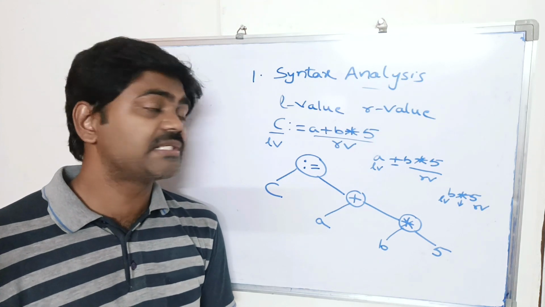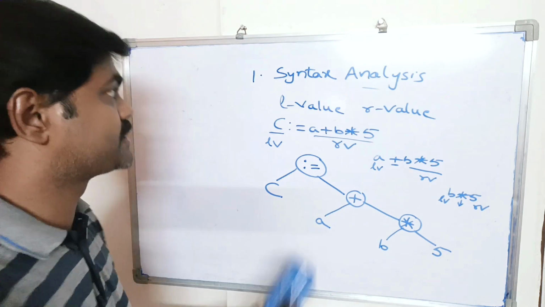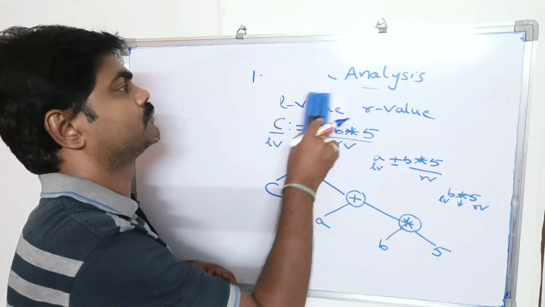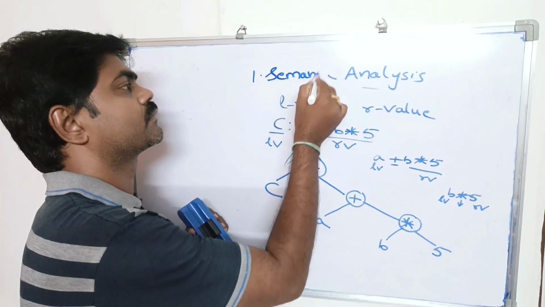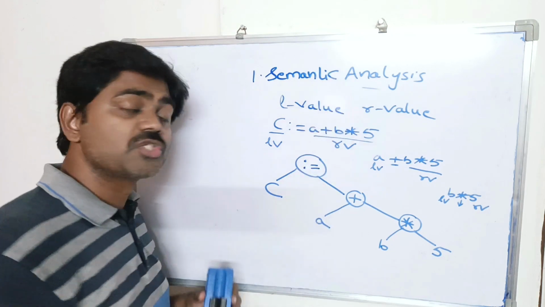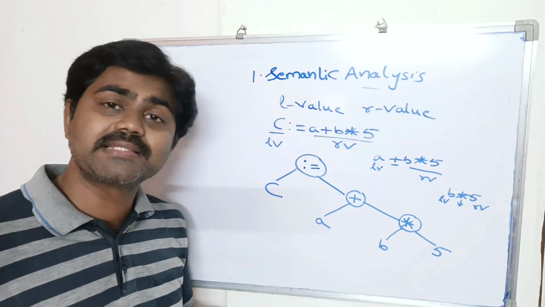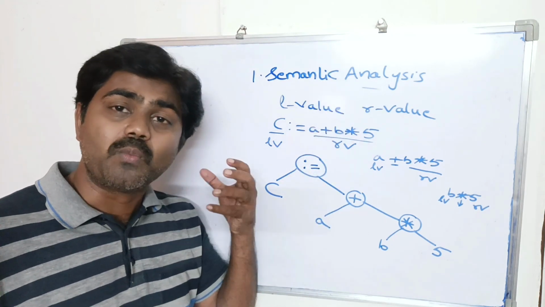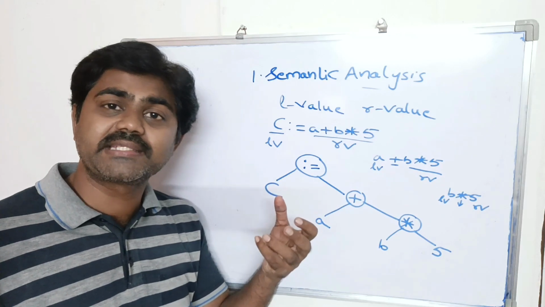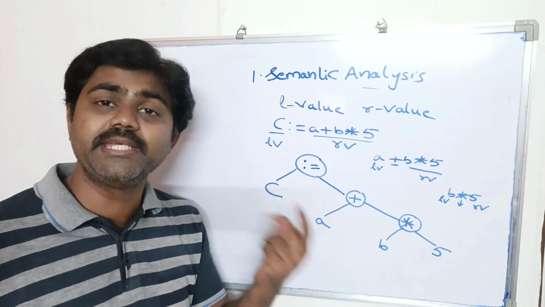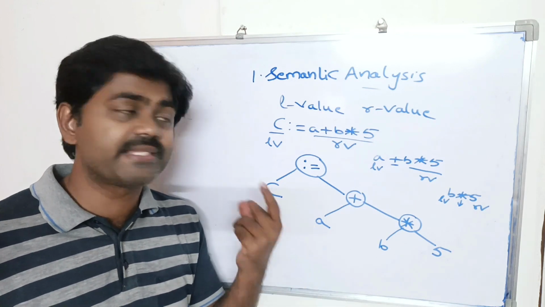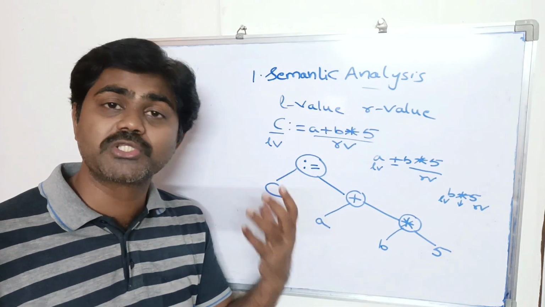And coming to the third phase, that is semantic analysis. What exactly is semantic analysis? Semantic analysis checks whether the parse tree we constructed is following some semantic rules or not, whether it is meaningful or not, whether it follows the translation rules or not.